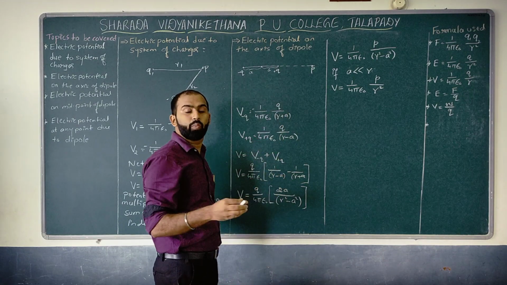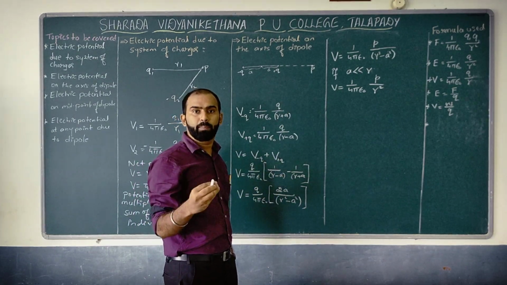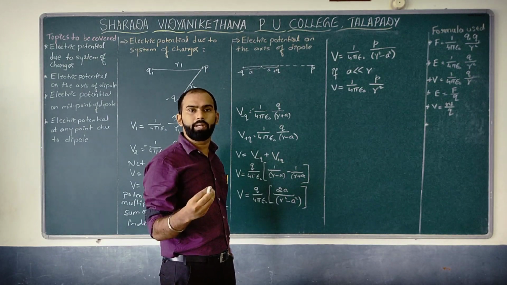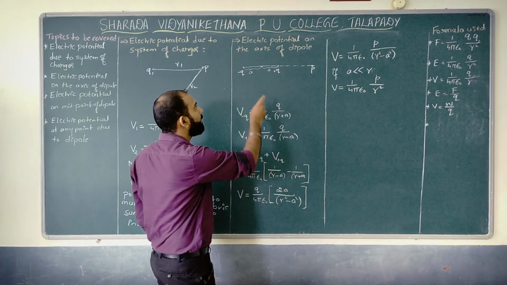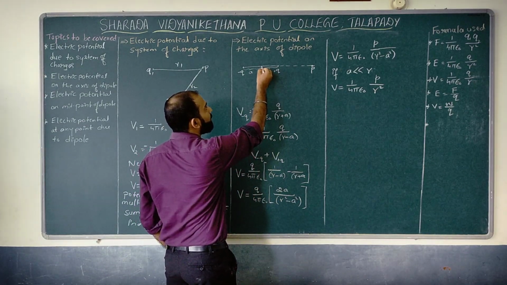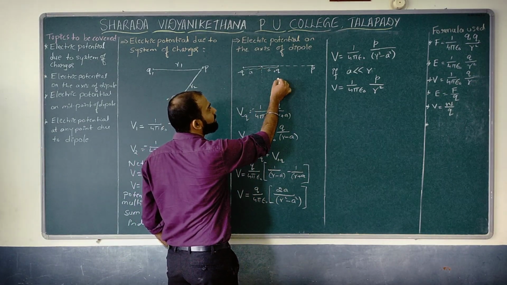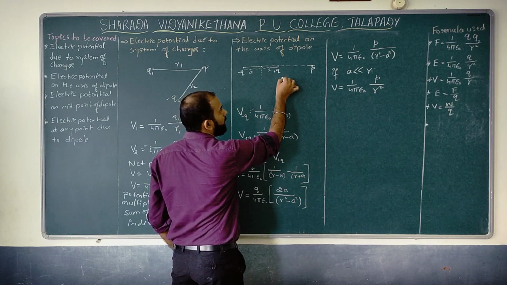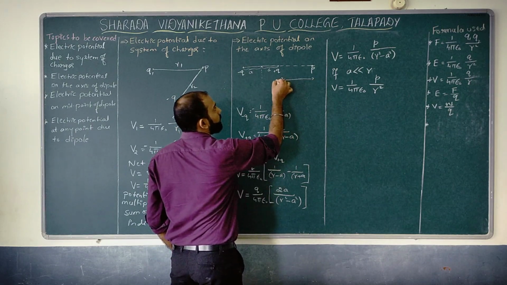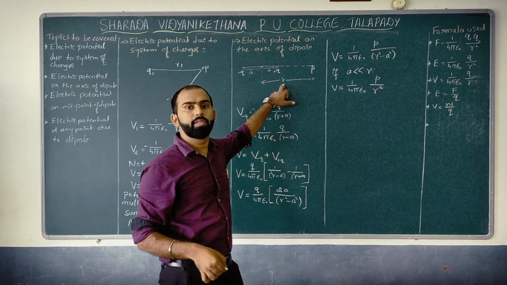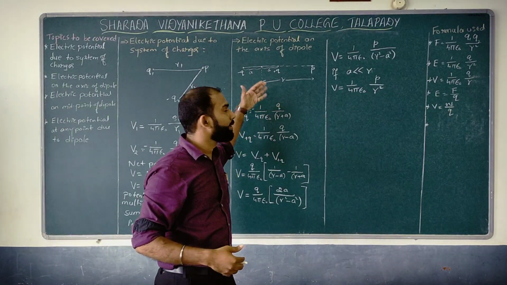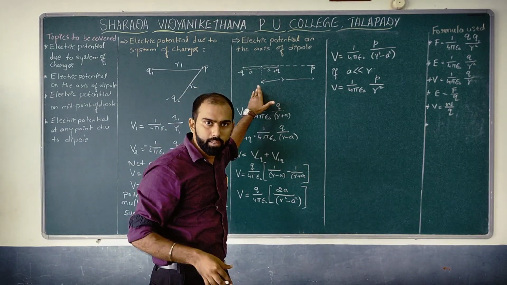Always remember, whenever I say dipole, to take a measurement at any point, your job is to start exactly from the middle of this particular dipole. Always remember this particular point. Whenever you measure, you are supposed to take from the midpoint of the dipole. It could be a derivation or any numerical.